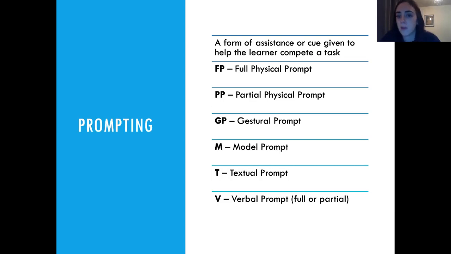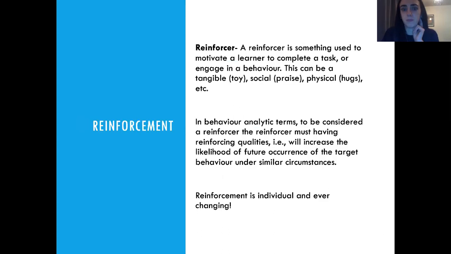Partial physical prompt, or PPP, you're partially physically prompting, but it's not as intrusive as a full physical prompt. Gestural prompt, you might point to something. Model prompt, you do it and the pupil copies you. Textual prompt, which is a written prompt. Verbal prompt is telling them.